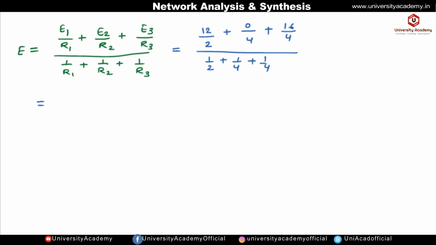So it will be equal to 6 plus 0 plus 4 divided by, let us take the LCM as 4, 2 plus 1 plus 1. So this is 10 by 4 by 4, so the E value we are getting is 10 volt.